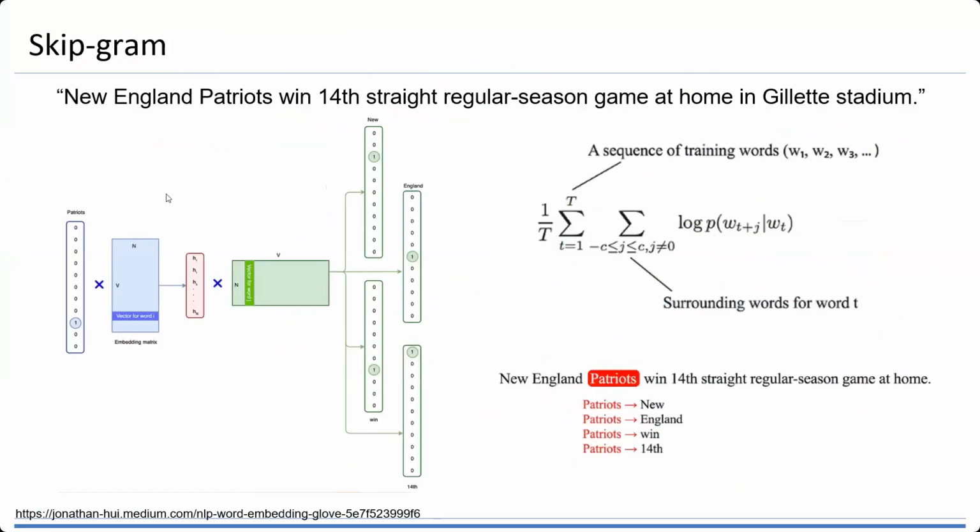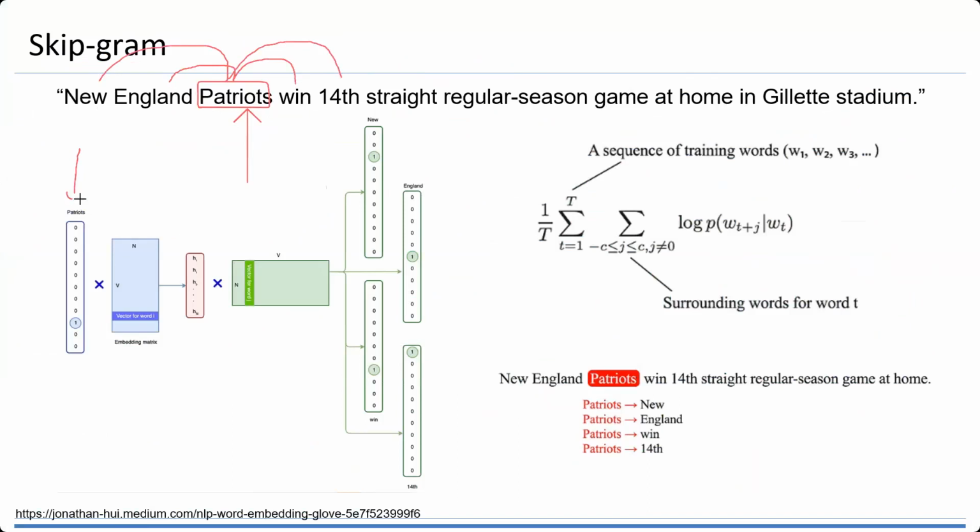So this is an example. Let's say I have the sentence "New England Patriots win 14 straight regular season games at home in Gillette Stadium." Using the skip-gram, I want to put "Patriots" as the center word. As the center word, I want to know t minus 1, t minus 2, t plus 1, and t plus 2.